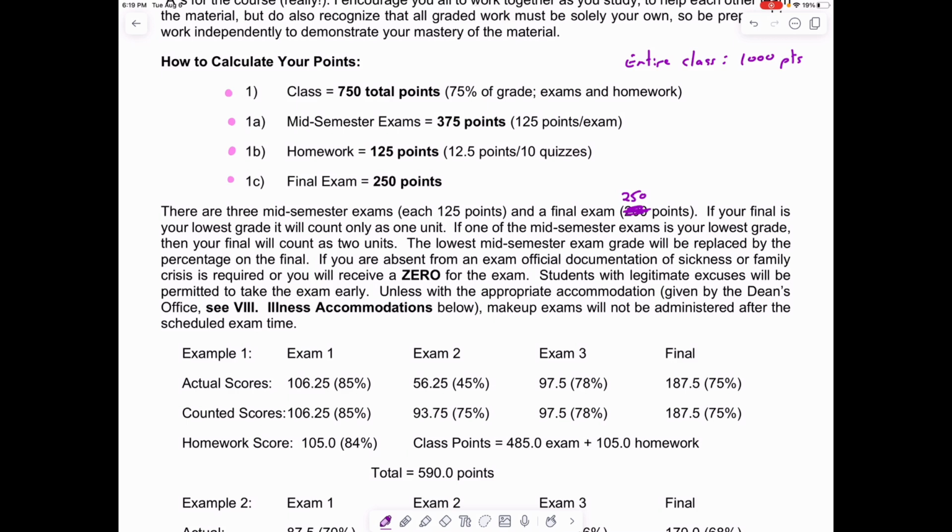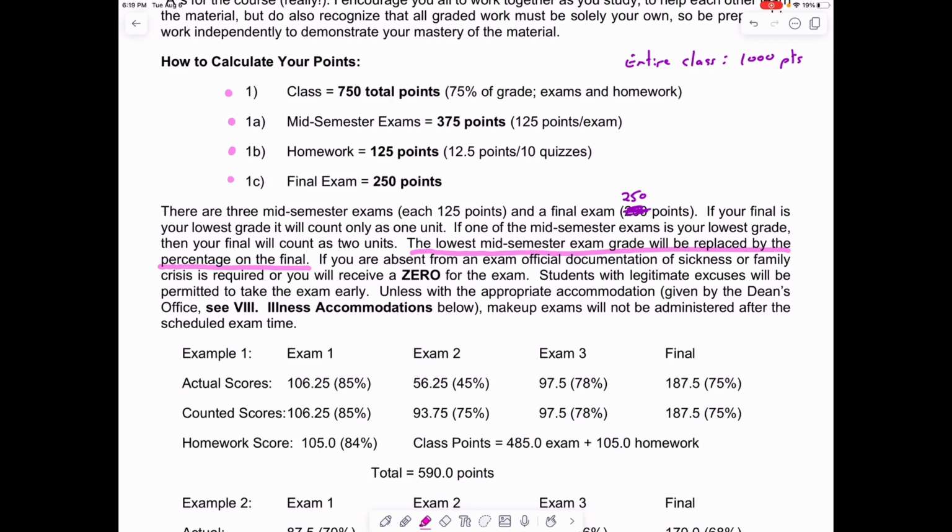So one aspect I want to discuss here is my exam protocol. Basically, if one of your semester exams is low, the lowest semester exam, I will replace it with the percentage you get on the final, so long as the final exam is higher.